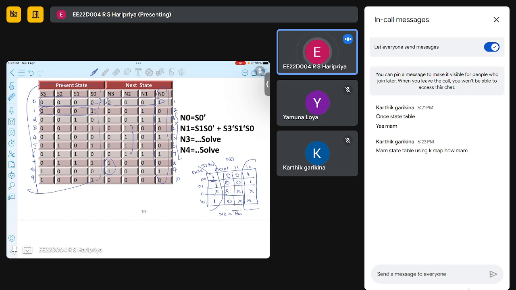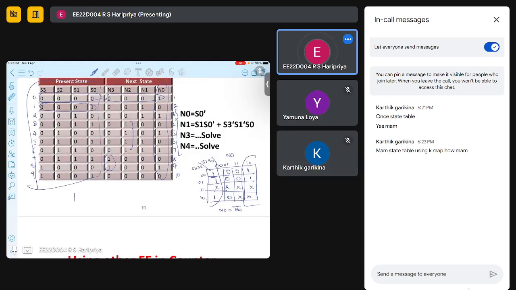Say I will just do one more K-map. So, then, say we are filling for N1, S3, S2, S1, S0. 0, 0.